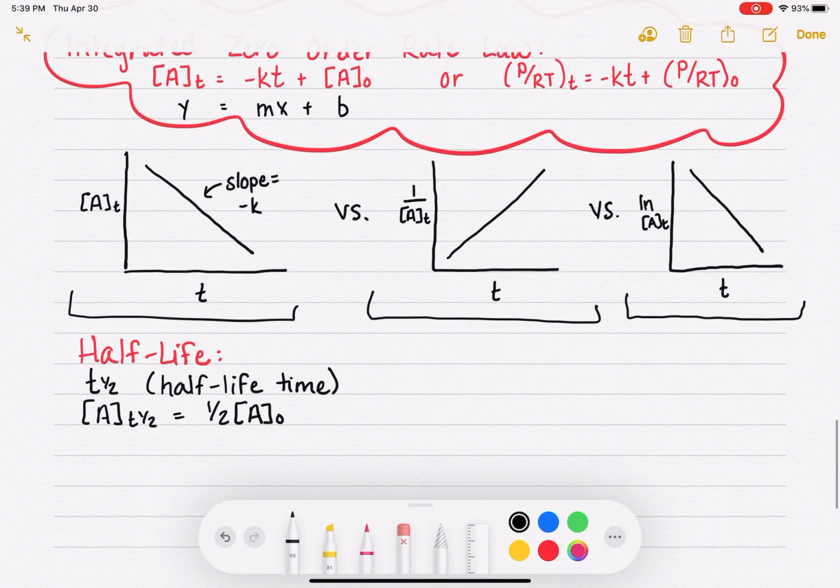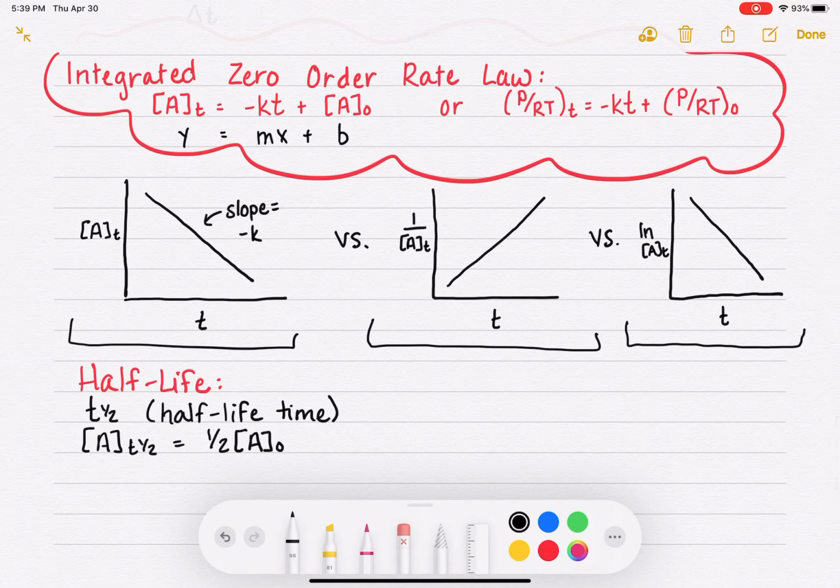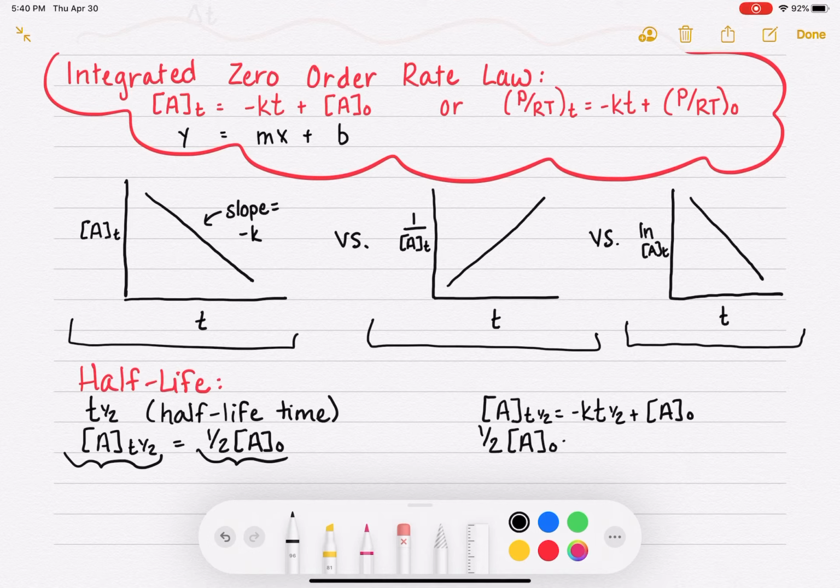So if we go up to our integrated zero order rate law and we start plugging stuff in, I'm going to start by rewriting A at time t 1/2 equals negative k t 1/2 plus A initial, or A sub 0. In place of A at t 1/2, we're going to fill in 1/2 A initial. We're subbing that, and that is equal to negative k t 1/2 plus A initial.